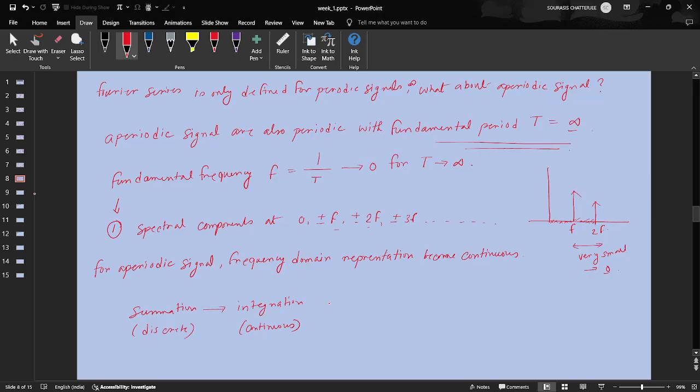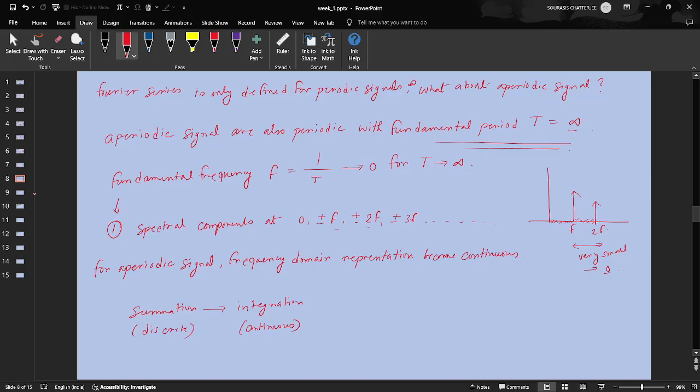But once that is established, I am extending the definition to aperiodic signals by claiming they have an infinite fundamental period, and from that argument we bring it into the framework of periodic signals. We have our spectral components at plus minus f, plus minus 2f, but now f itself tends to zero. Therefore for an aperiodic signal, the frequency domain representation is actually continuous.